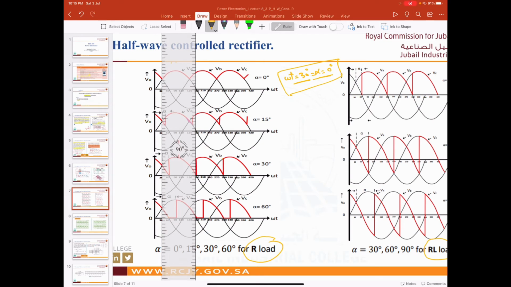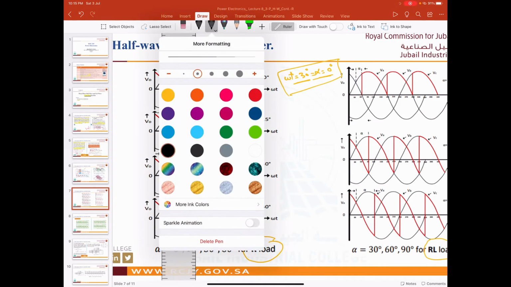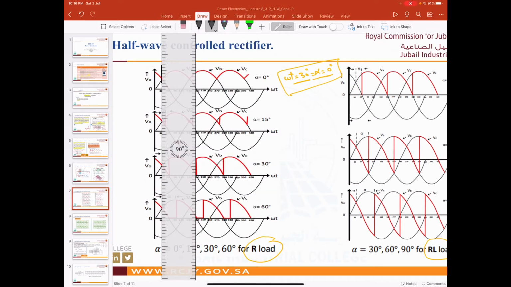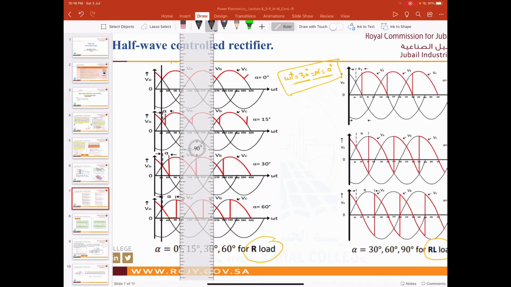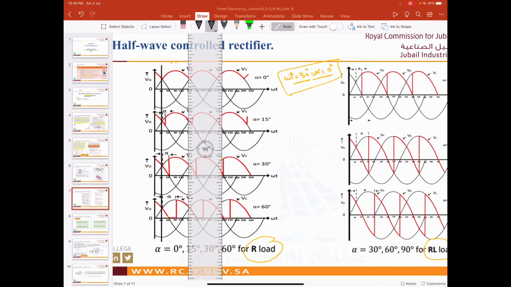Okay, let me use the black one. So I'm going to draw a line. This is at 30, and we know the waveform should end at 150, right? So this is 150. So we can draw a line here also.